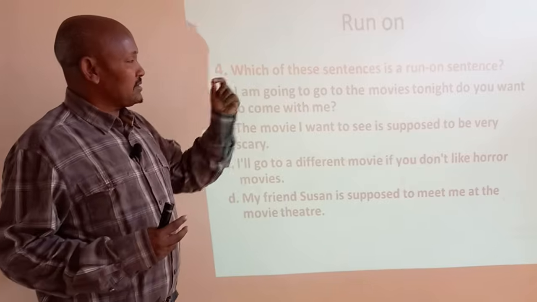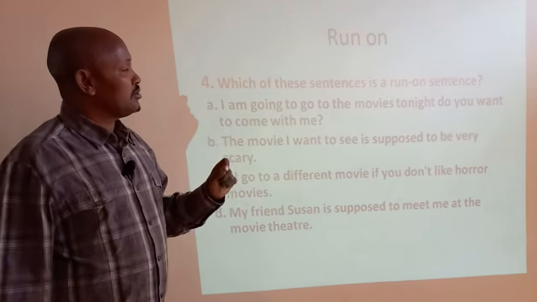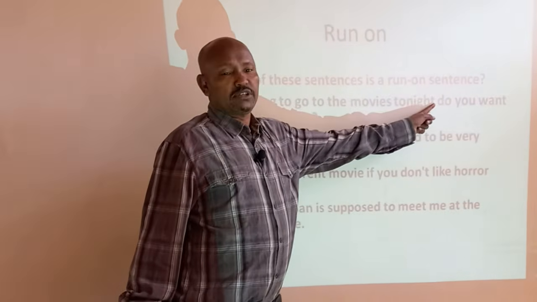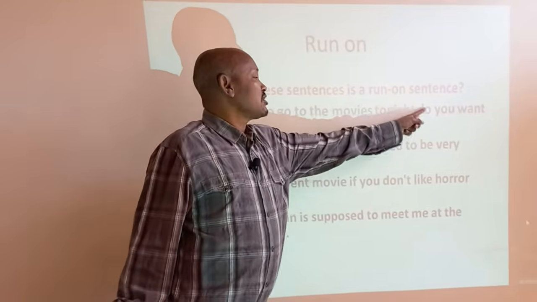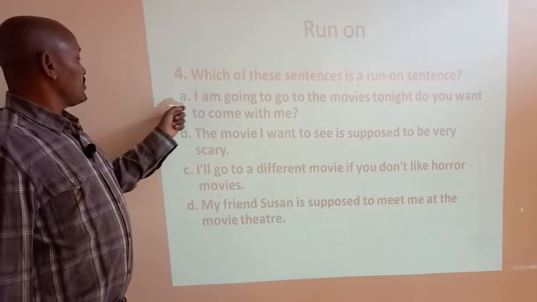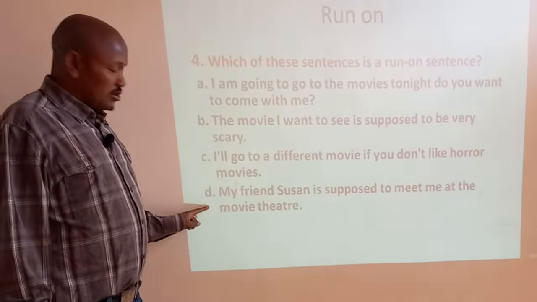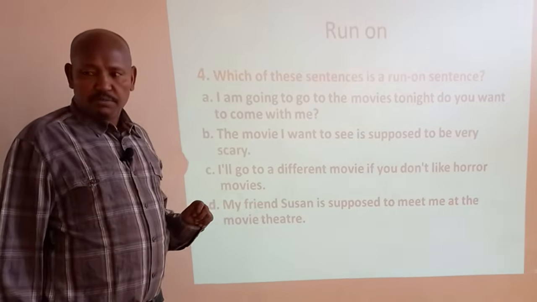So the best example is the first one, A. Because I'm going to go to the movies tonight. Do you want to come with me? The second question word, do, can be written as a capital letter. So here, the first example is grouped under run-on sentences. But the rest three are not, because one is a complex sentence and the other two are simple sentences.